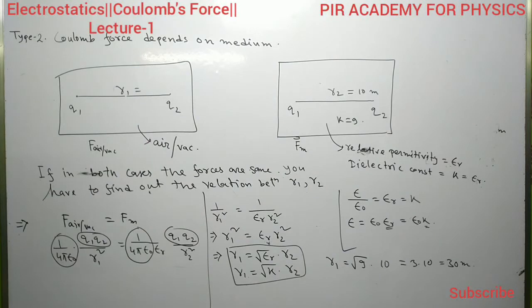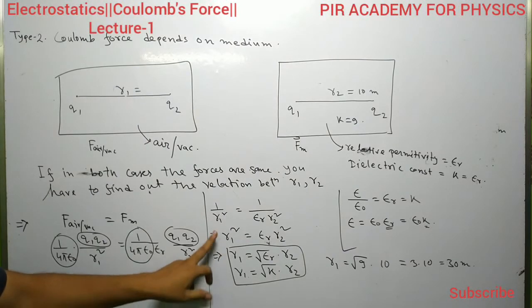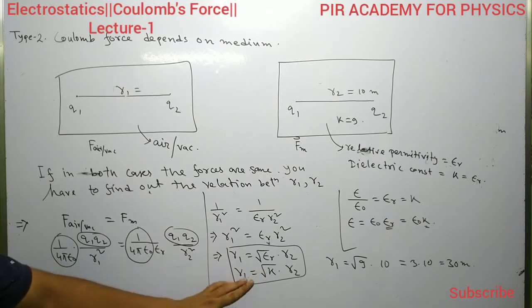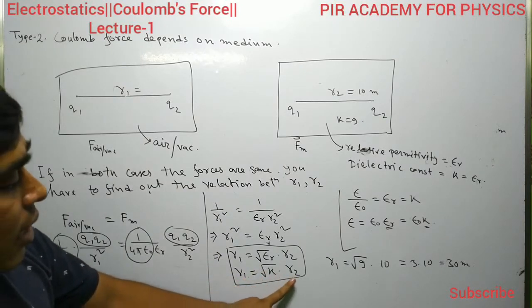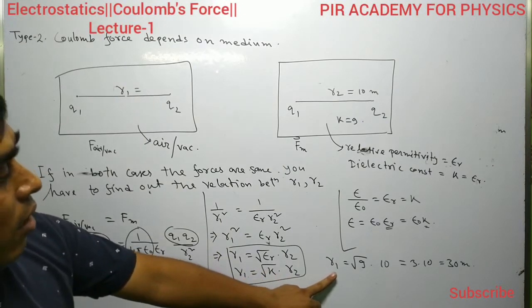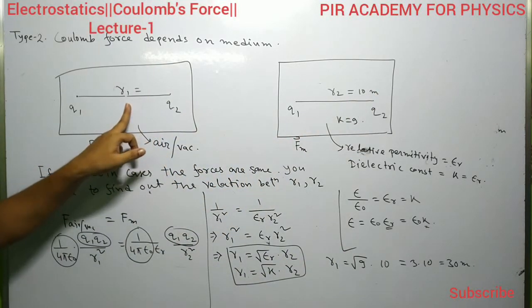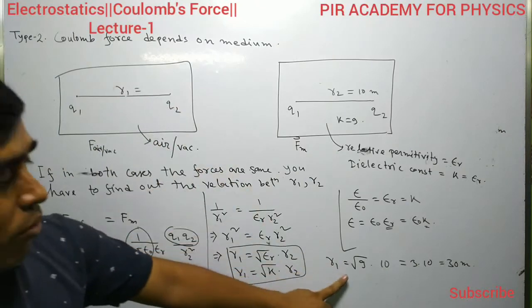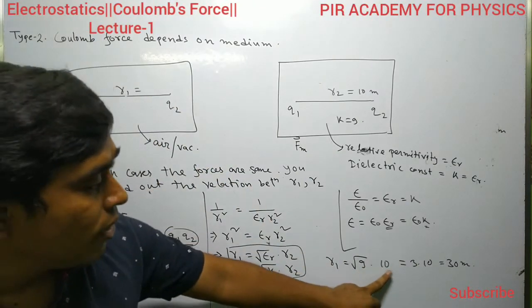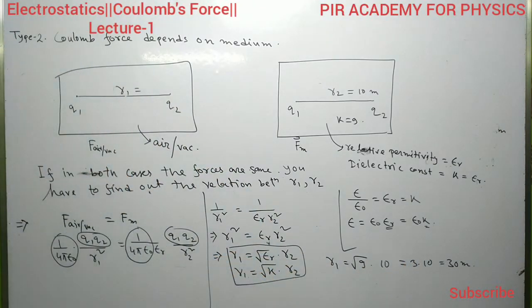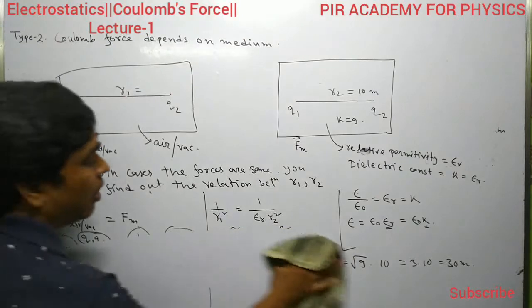So r1 will be 30 meter. In this way you can calculate any problem related to this.